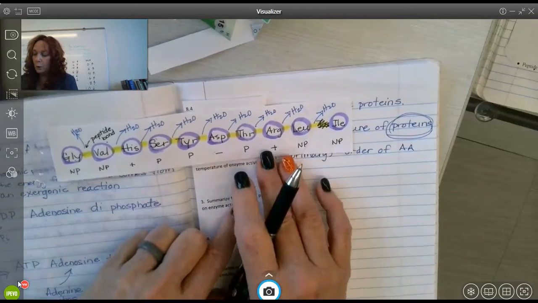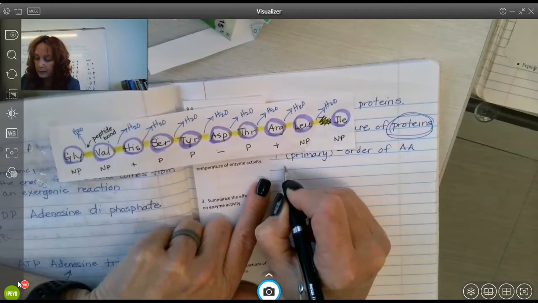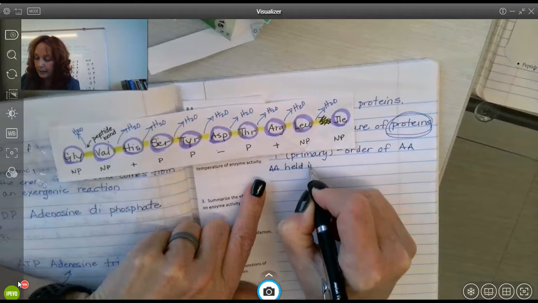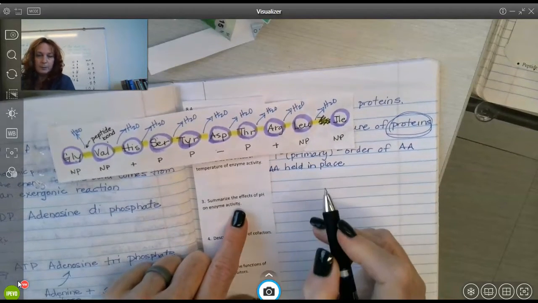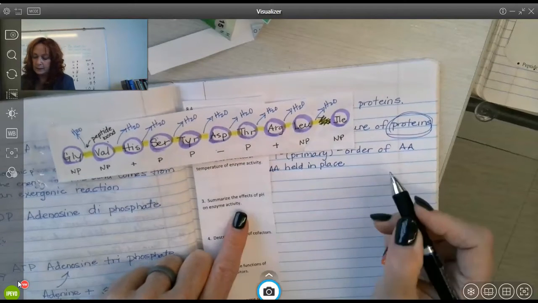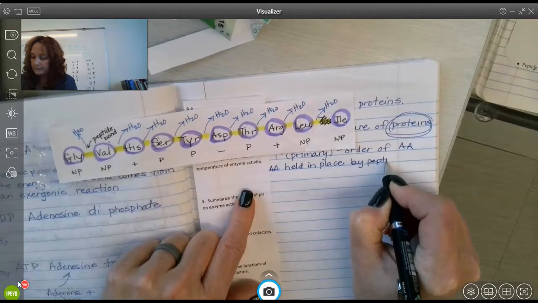So it's the order of the amino acids, and all of the amino acids are going to be held in place because of the peptide bonds that are between two amino acids. So held in place by the peptide bonds.